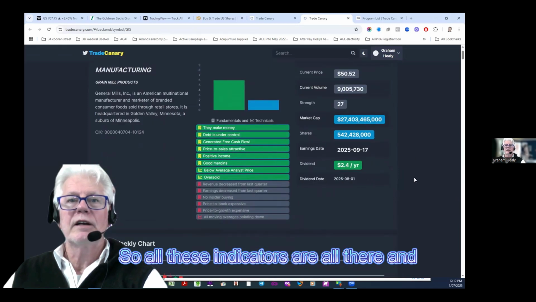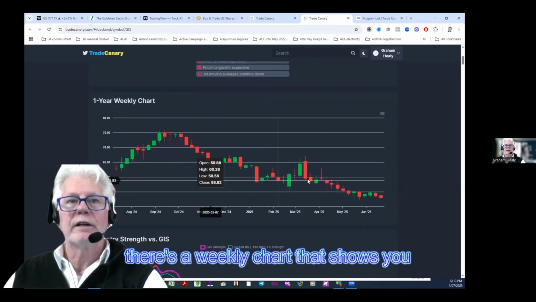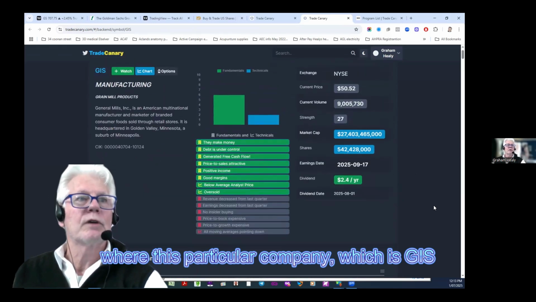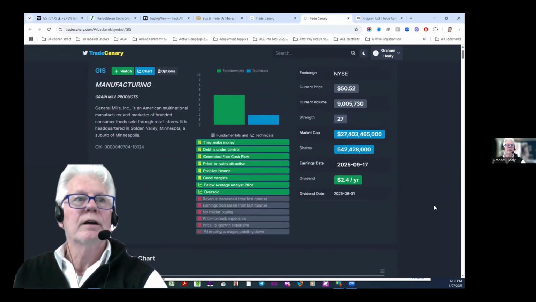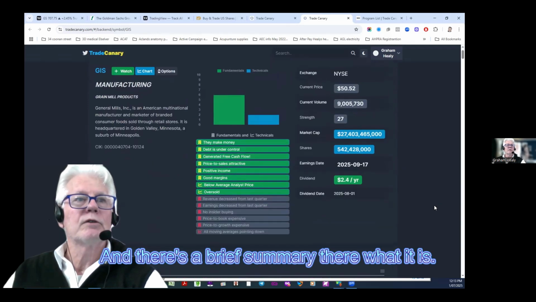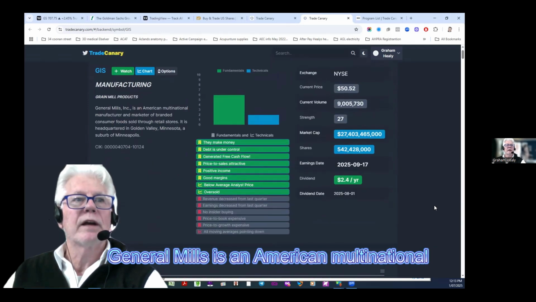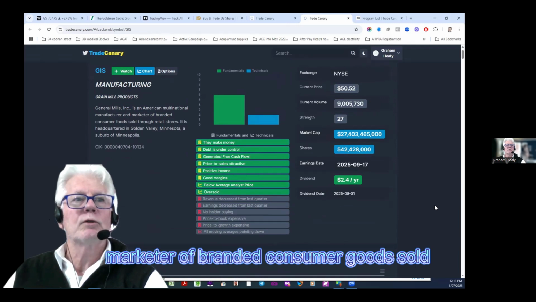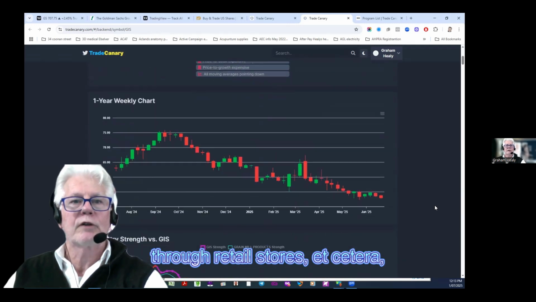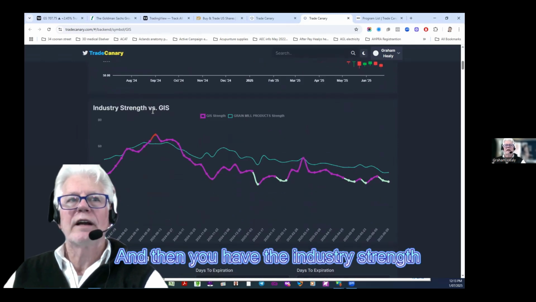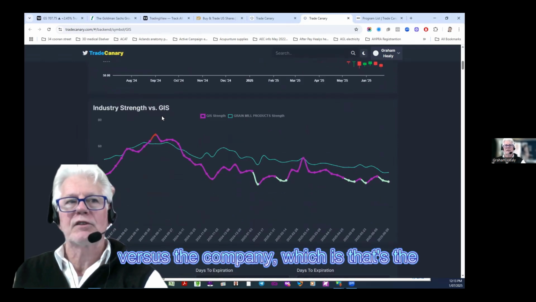So all these indicators are there, and there's a weekly chart that shows you where this particular company, which is GIS, manufacturing grain mill products, is, and there's a brief summary of what it is. General Mills is an American multinational manufacturer and marketer of branded consumer goods sold through retail stores, etc., and where its headquarters is. And then you have the industry strength versus the company, that's the ticker.